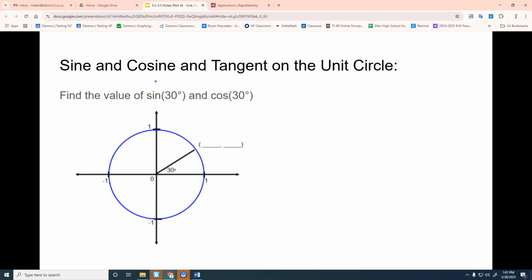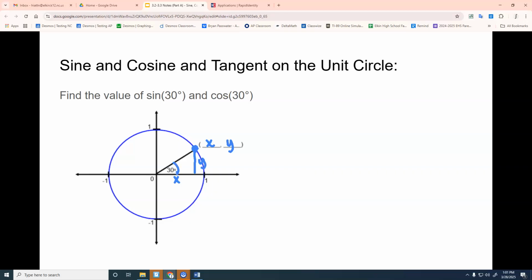This would still apply to any point that's on this circle. So again, I'm going to do the same thing I just did. I'm going to call this point x and y, although we do know what those values are now. And so this side is x and this side is y. Right. So this would be the case for any problem.